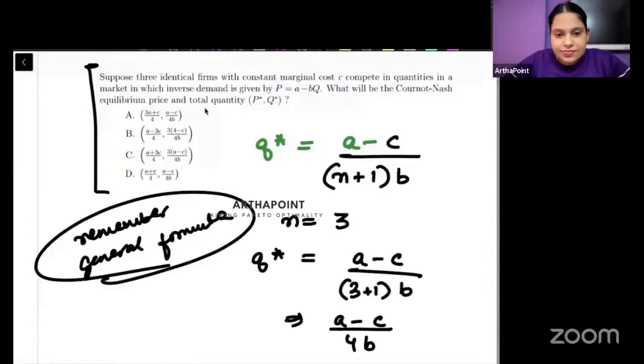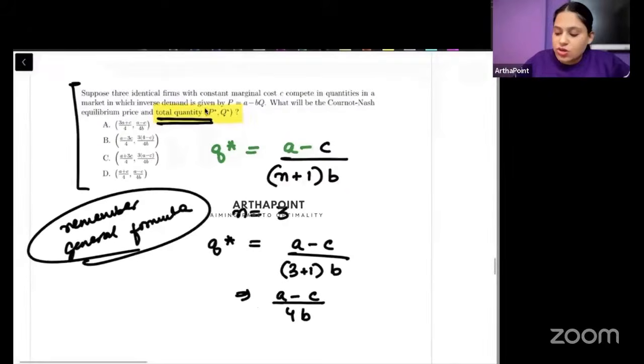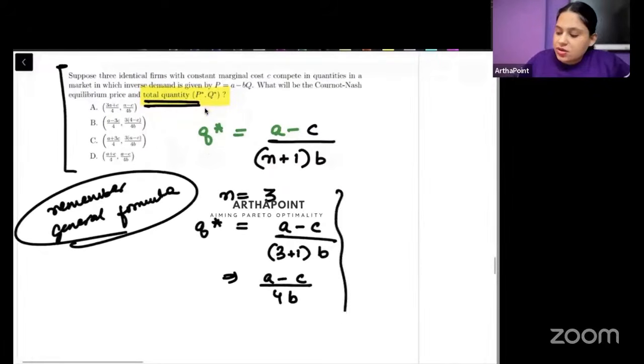But wait, this is the most important thing where you will make a mistake. It is asking total quantity. It is not asking quantity produced by each firm. Total quantity is being asked. So you need to find capital Q. It will be 3 times Q star.